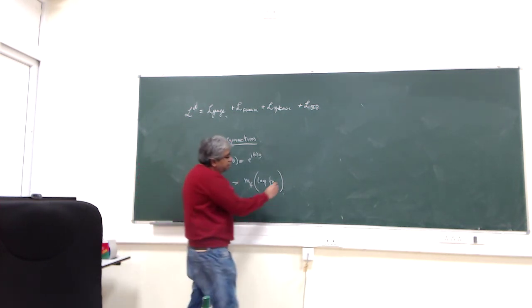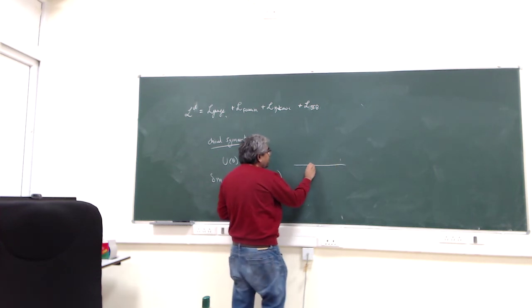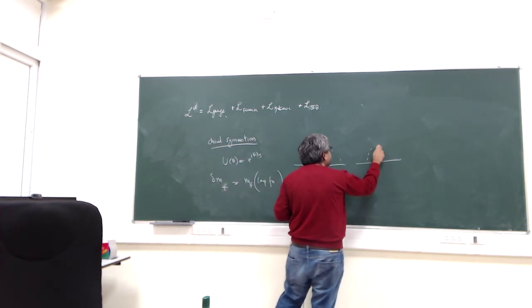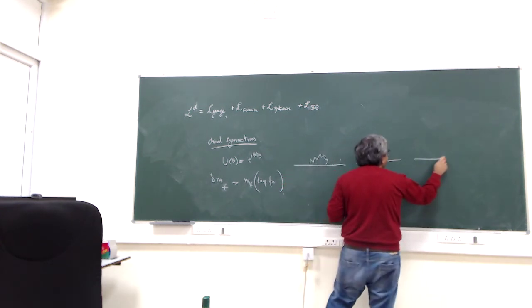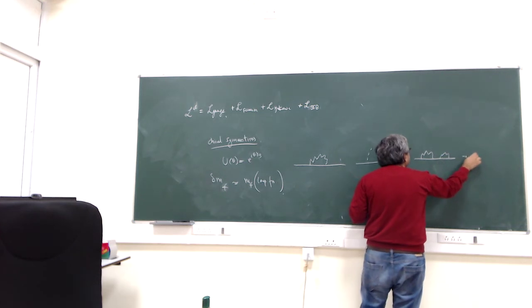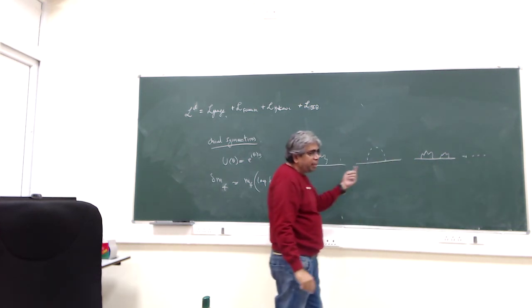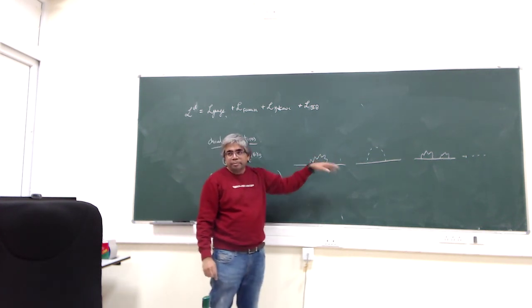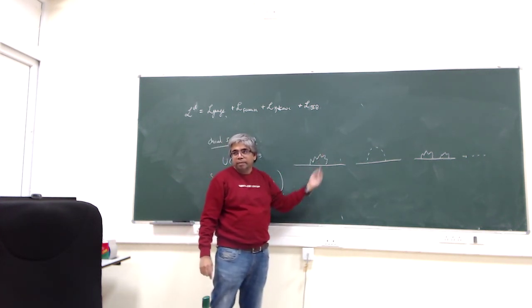Say for example, if you want any correction to fermion mass, there could be diagrams of this type, and so on. You can resum them like what you do in QED. But there are more diagrams and more W's and everything.